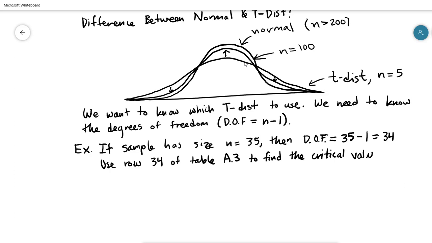And the only thing that's going to be different about these problems than what we did previously is we're no longer using a z-score, so we're going to call this critical value t sub alpha over 2 instead of z sub alpha over 2. But this is going to be the only real difference between the problems that we did before and the problems that we're going to do here.